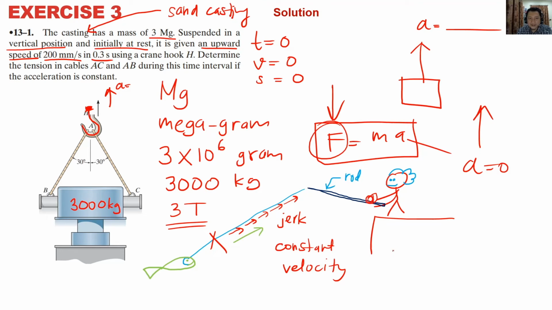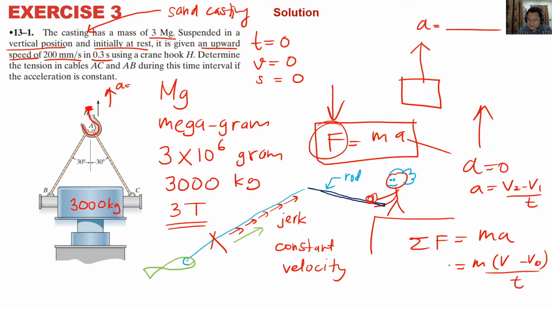So you don't jerk it, you pull it slowly at constant velocity. If you pull at constant velocity, it's basically no force, because your A is equal to 0. Summation of forces is equal to MA. A stands for V2 minus V1 over time. So F is M times V minus V0 over time.